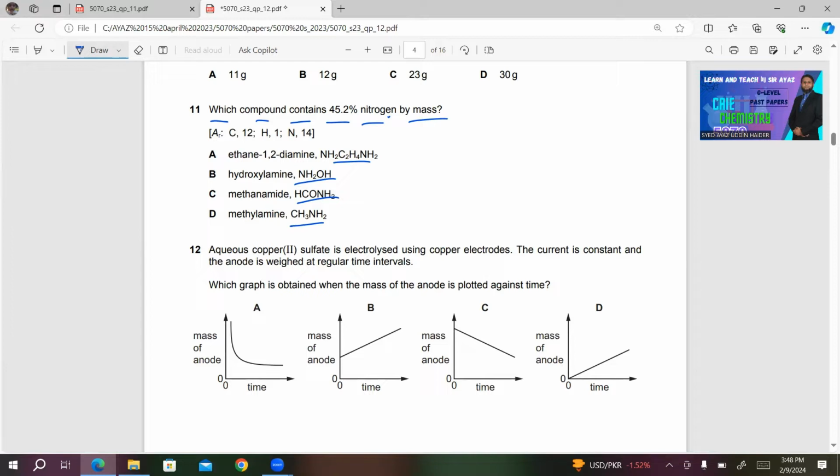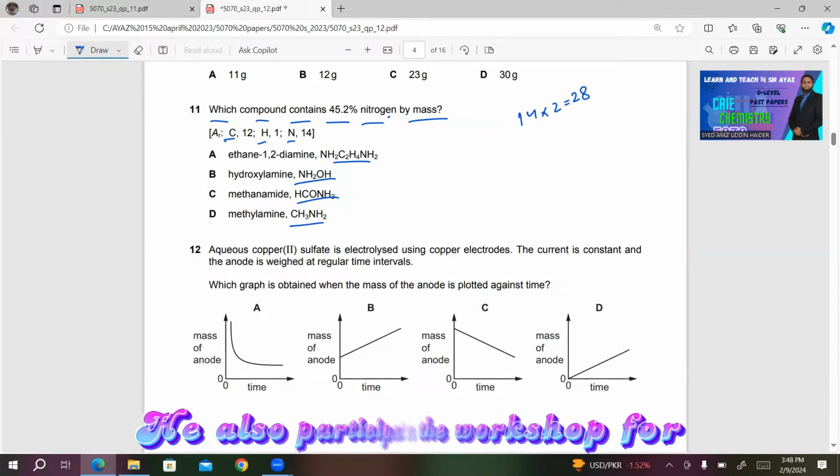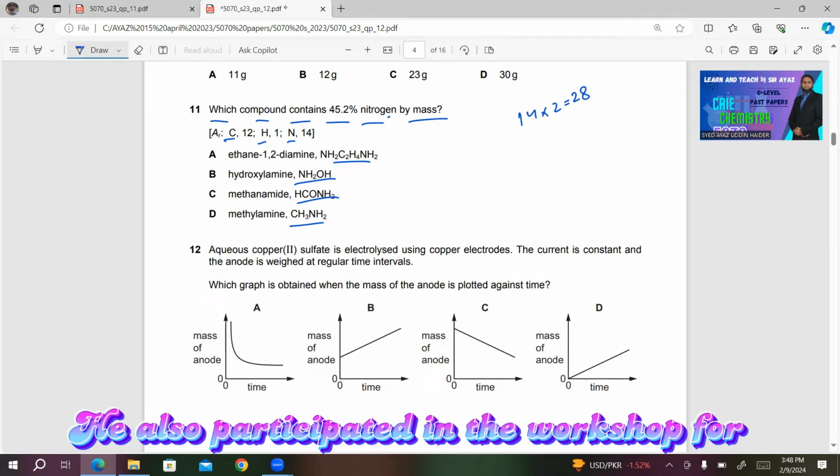For ethane 1,2-diamine, the mass will be, AR of each element is provided to you: carbon, hydrogen, and nitrogen. There are 2 nitrogen atoms in this, so we have to multiply 14 by 2. We'll get 28. And we have 2 carbon, so 2 multiplied by 12, we'll get 24.